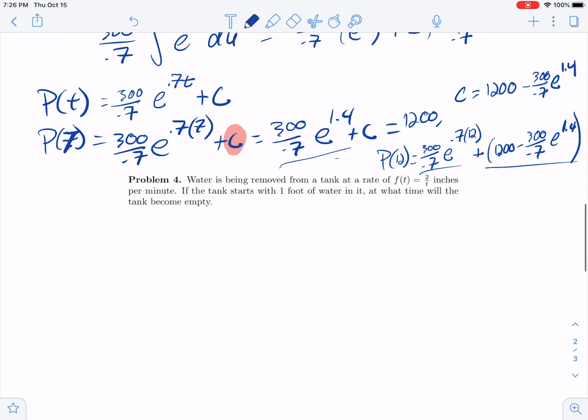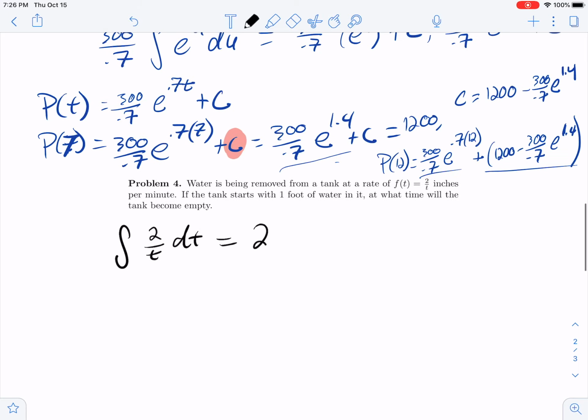Problem 4, water is being removed from a tank at this rate. So if this is the rate that water is being removed from a tank, if I take the integral of it, I get 2 over t dt, which if we do all our tricks, we get 2 ln of t plus c.